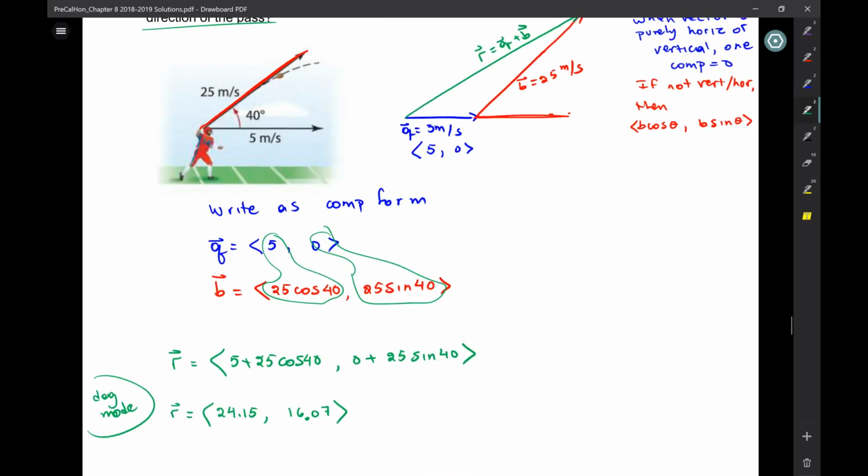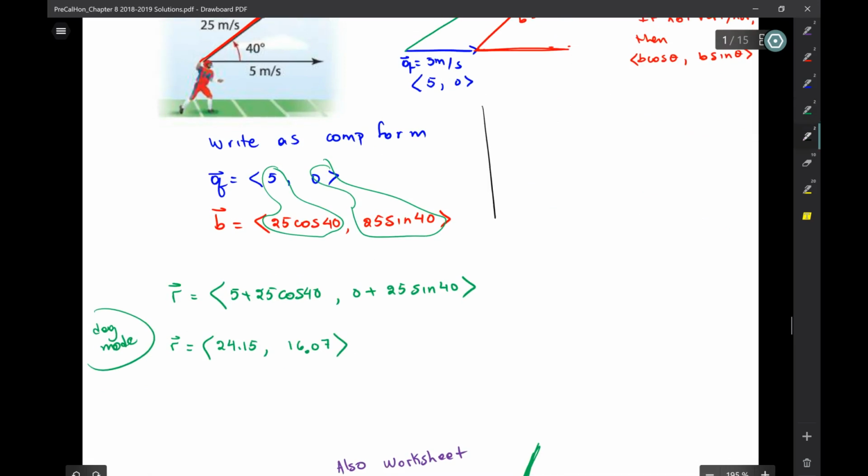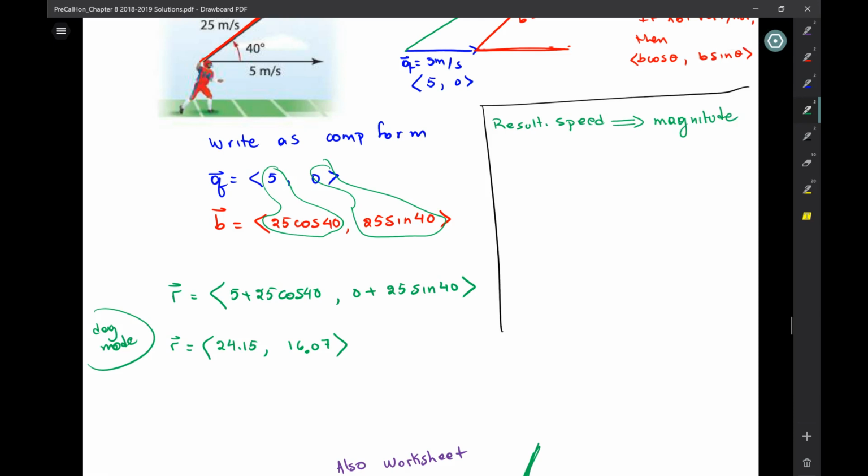That's all fine, but I need resultant speed and direction. When it says resultant speed, that is magnitude. So the magnitude is going to be the square root of the green vector elements squared and added.